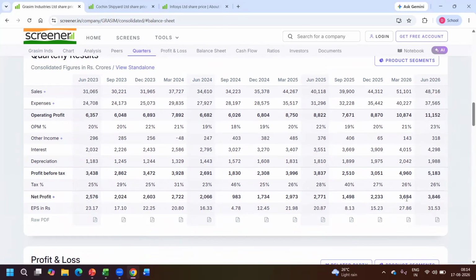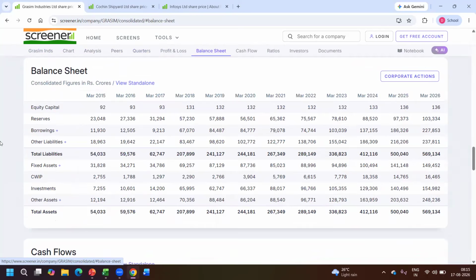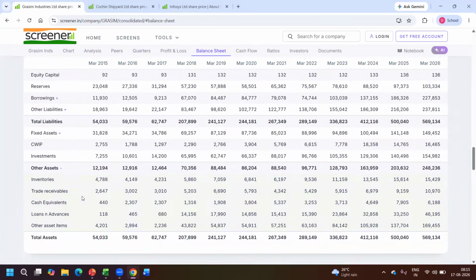In March 26, it is 3,684 crore. This is the profit for the period, whereas the cash at the end of that period is around 6,000 crores, 7,000 crore. So we can see that profit is not equal to cash.